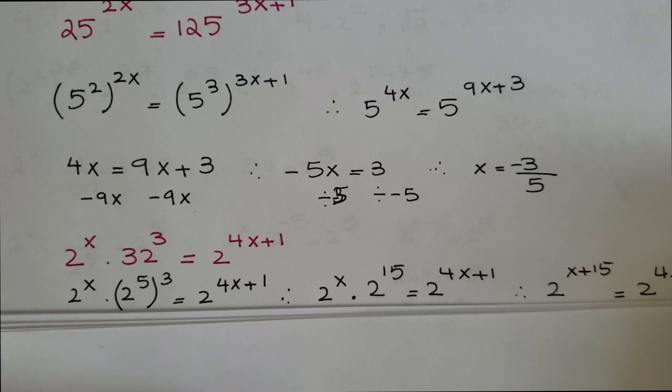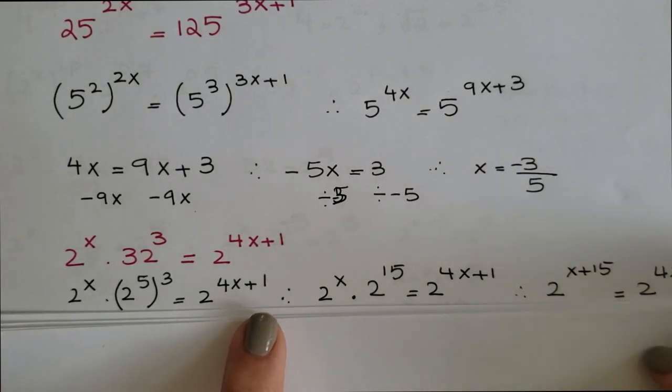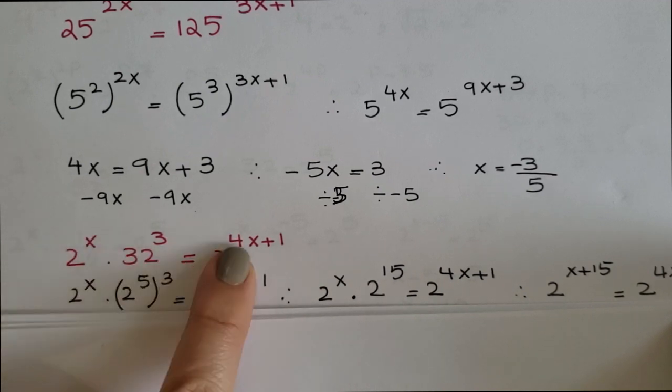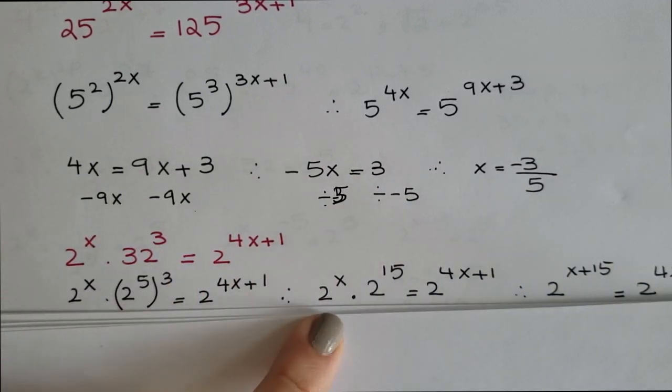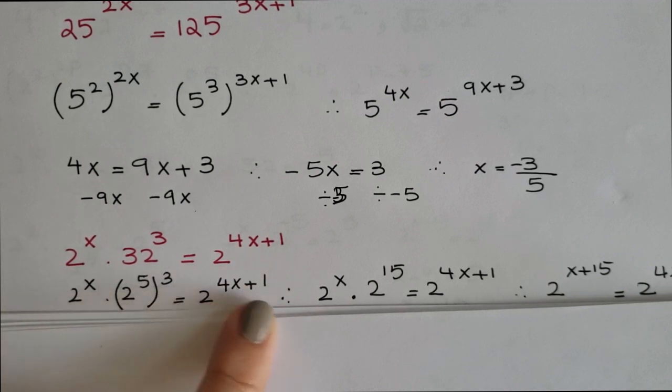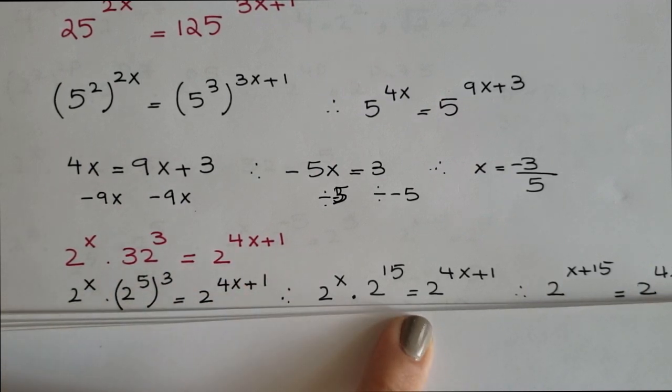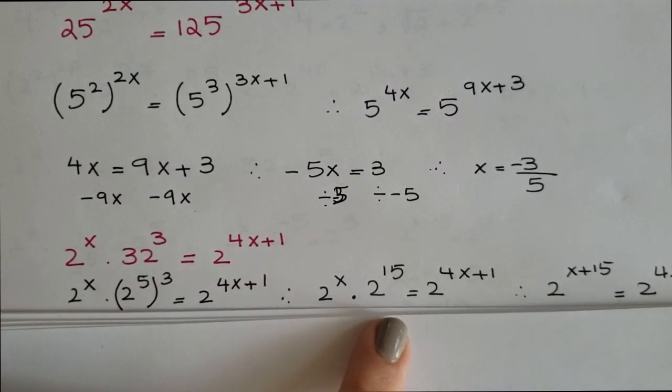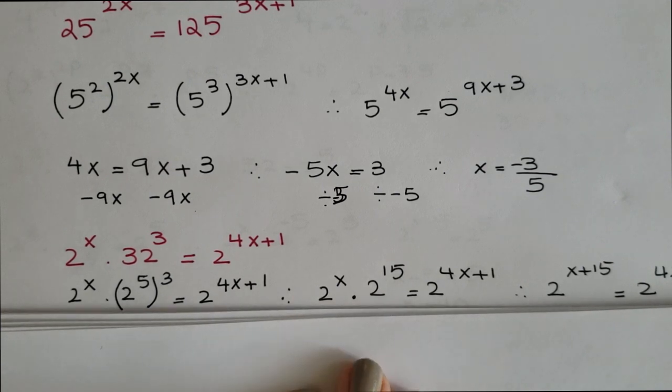So first of all, try to get the same base or the same exponent. If the bases are the same, that means the exponents must be the same. That is the case in here. Okay, so I will change all the bases to a common base, and this will make my equation much simpler.